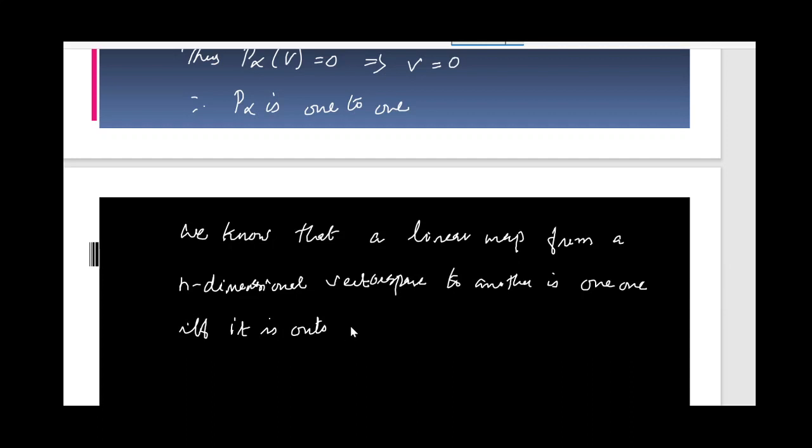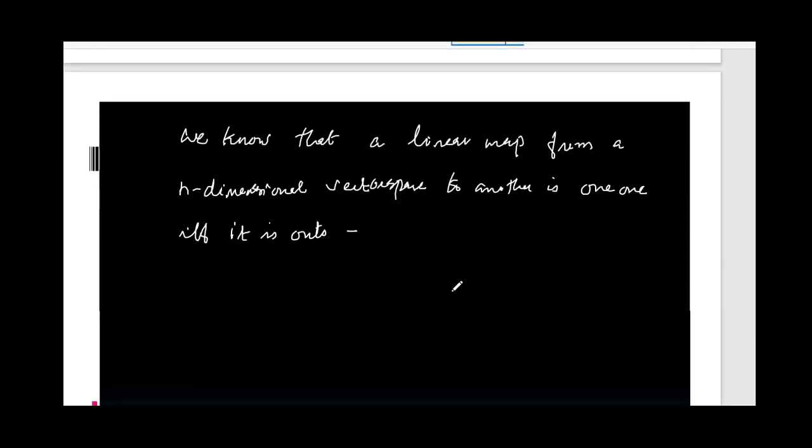It is another application of the rank-nullity theorem. Thus what we got is P alpha from S_P to S_Q is 1 to 1 and onto.